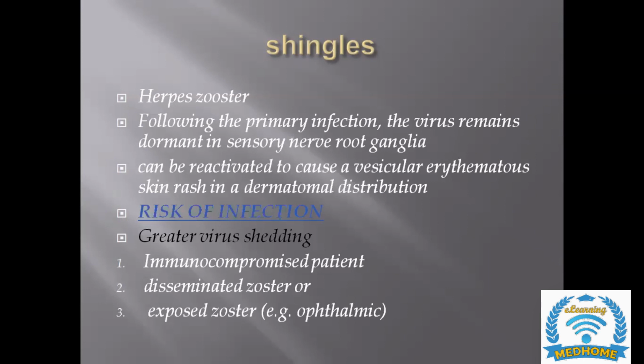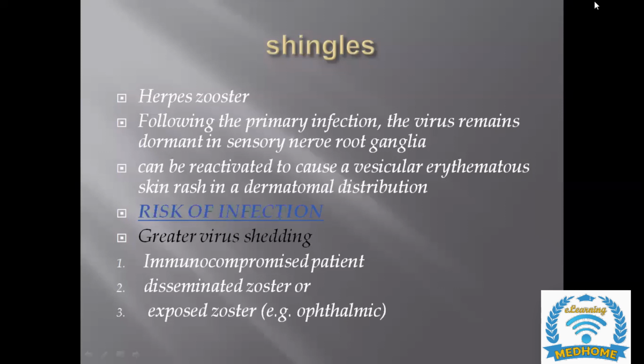But most of the time shingles cannot be spread. There is greater virus shedding in 3 cases, with a greater risk of infection: greater virus shedding occurs in immunocompromised patients, disseminated zoster, or exposed zoster. Otherwise, simple varicella zoster virus spreads, but shingles cannot spread except in these 3 points.